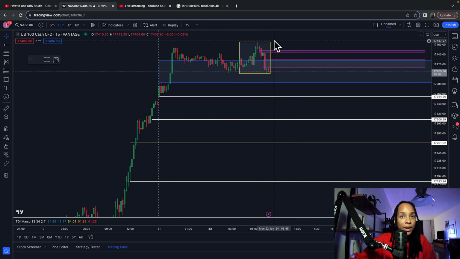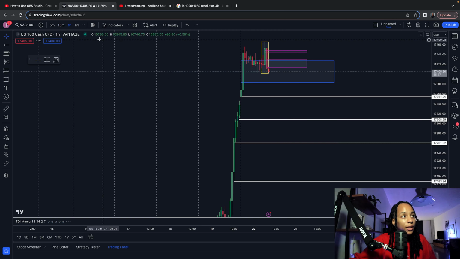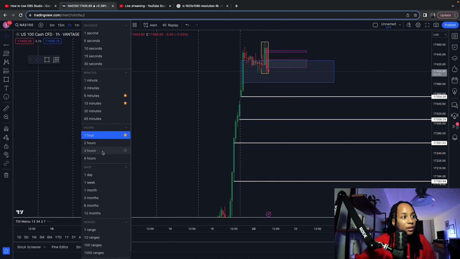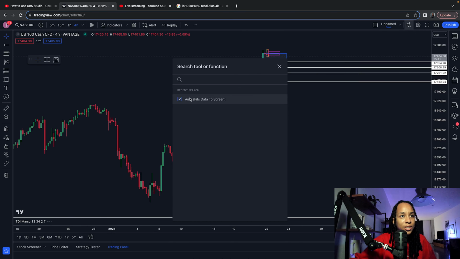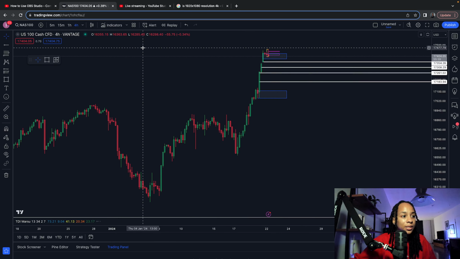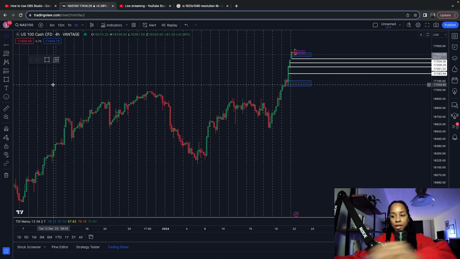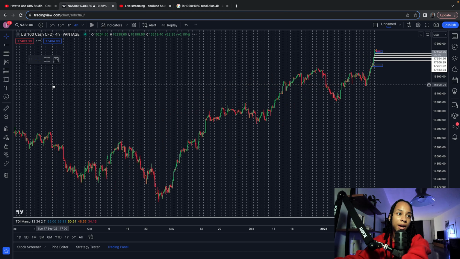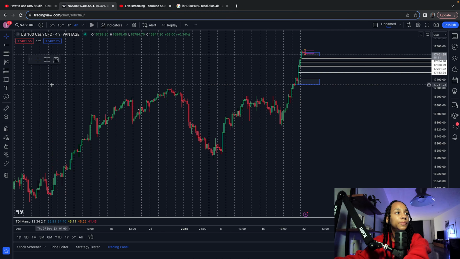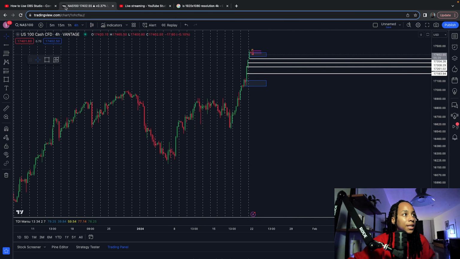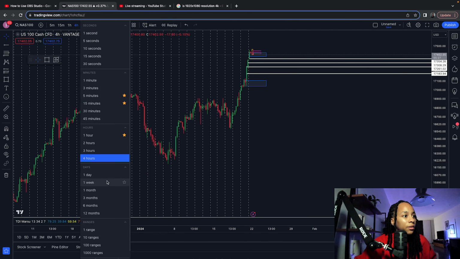That would probably be my area of interest, only because I don't really have any areas of interest on a higher time frame that I feel comfortable taking price to, because again, NAS is just hitting all-time highs. Like, I don't know where it wants to go. So I'd probably just take it back up to the high of the day.